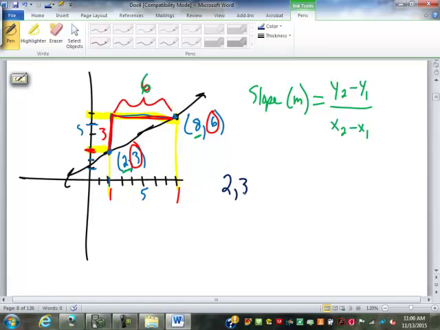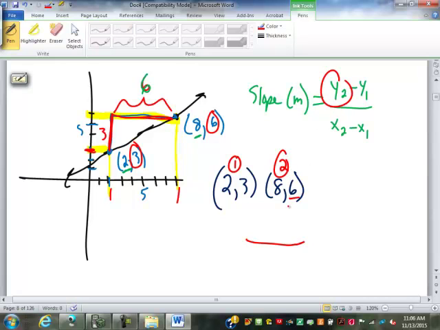Well, you have 2, 3 and 8, 6 as my two coordinates. I'm going to label point 1 and point 2. So when I go to plug this in, y2 is the y coordinate of point 2. So here's point 2, the y coordinate is 6, minus y1, point 1, the y coordinate is 3. 6 minus 3 is 3.